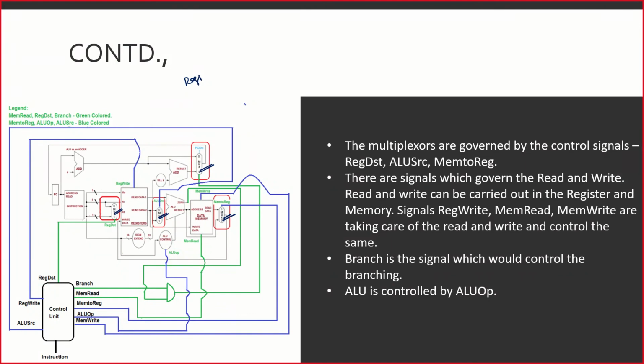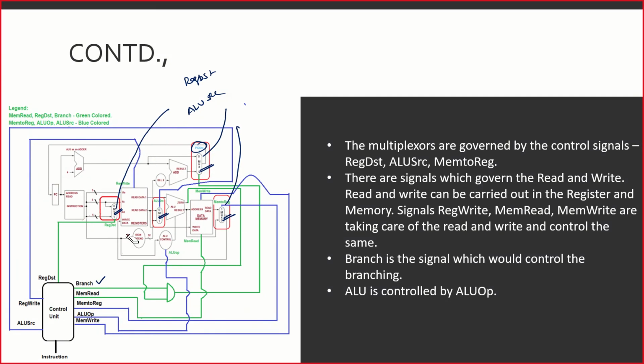REG DST is one, ALU SRC is second, mem to reg is third, PC source is fourth. These are the multiplexers controlled by the control signals. I can call the first three traditionally, but PCSRC's input is coming from two things, branch and the zero output. This is the only thing that you need to remember.